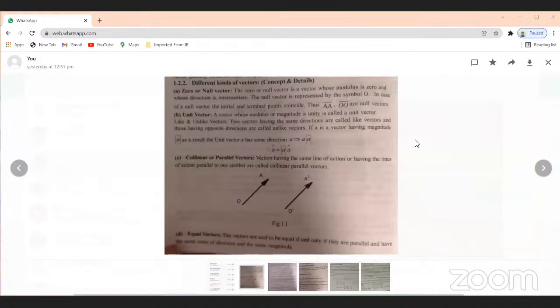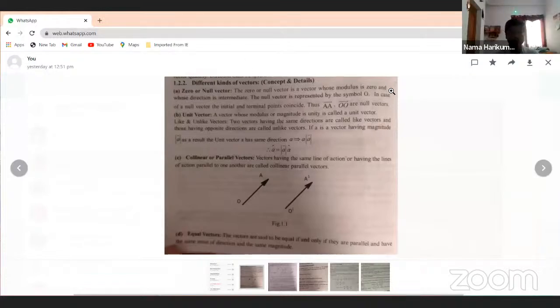Two vectors having the same direction are called like vectors, and those with opposite direction are called unlike vectors.